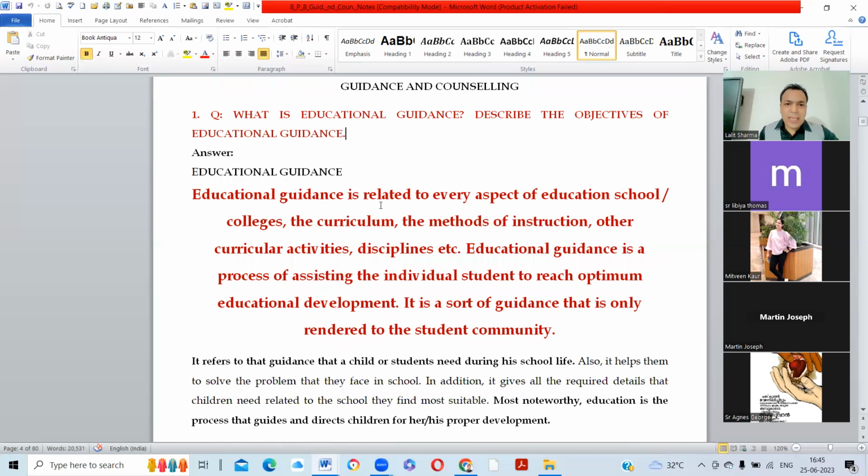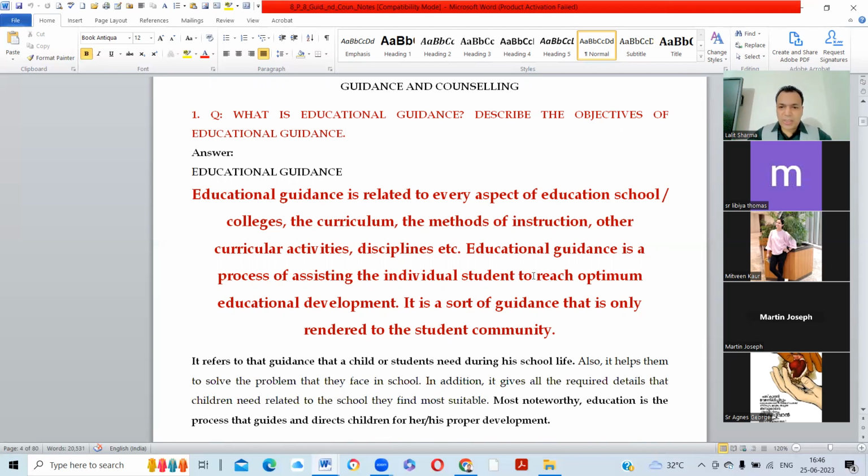Educational guidance is related to every aspect of education in school or colleges: curriculum, method of instruction, curricular activity, disciplines. Educational guidance is a process of assisting the individual student to reach optimum educational development. Look, very good line.